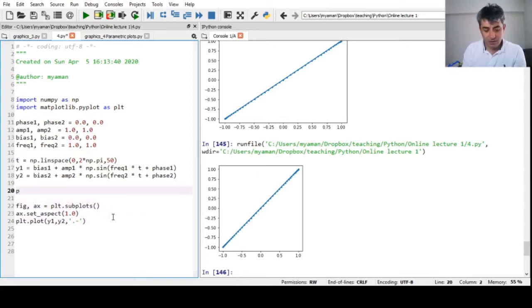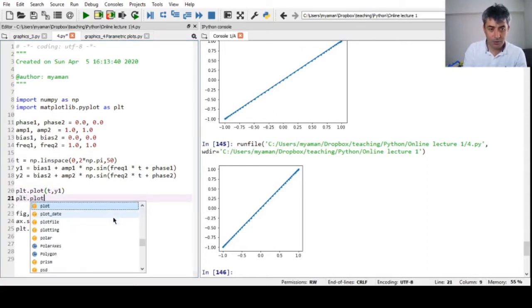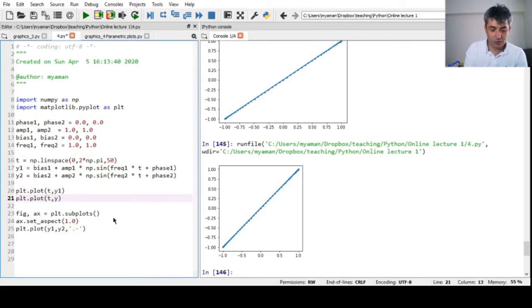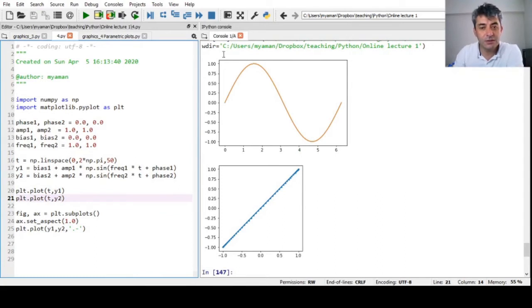And I still want to plot y1 and y2 over time. So this is my two signals on top of one another, and then this is the new representation that I just introduced.